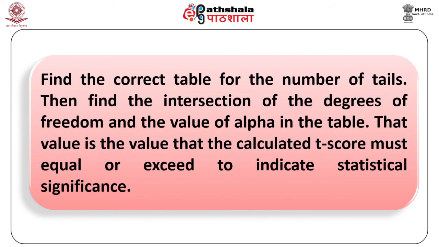Find the correct table for the number of tails, then find the intersection of the degrees of freedom and the value of alpha in the table. That value is the value that the calculated t-score must equal or exceed to indicate statistical significance.